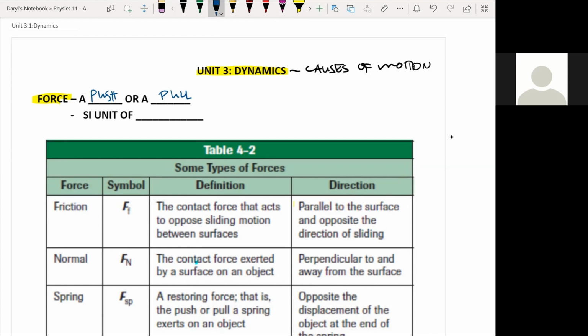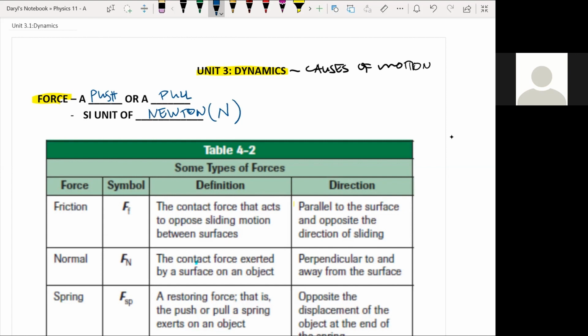And the SI unit is Newton. So if we're talking about force, we use that particular unit, which is Newton, or represented by capital N.